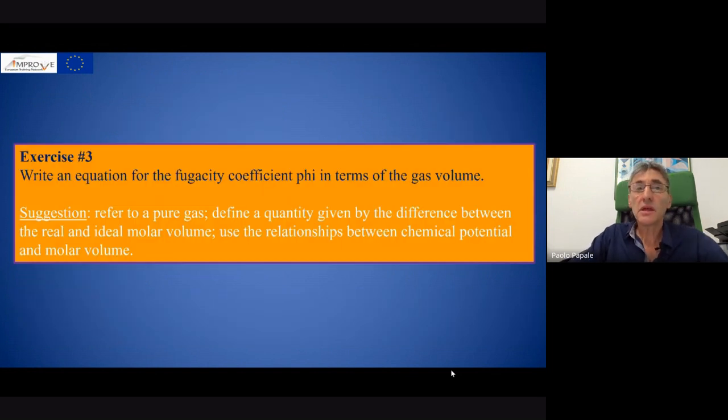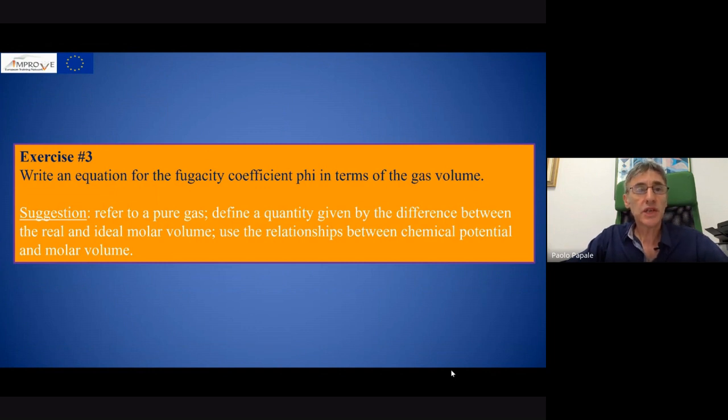Here is an exercise for you. As usual, you can either try to solve it or skip it and continue the lesson. In both cases, you will see the solution in the following. The exercise is this one. Write an equation for the fugacity coefficient phi in terms of real volume of gas.